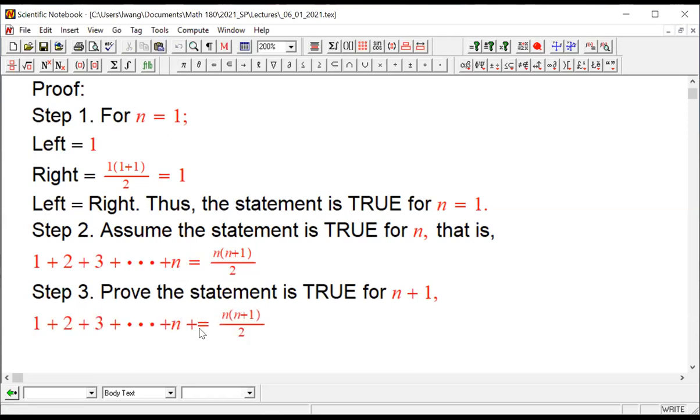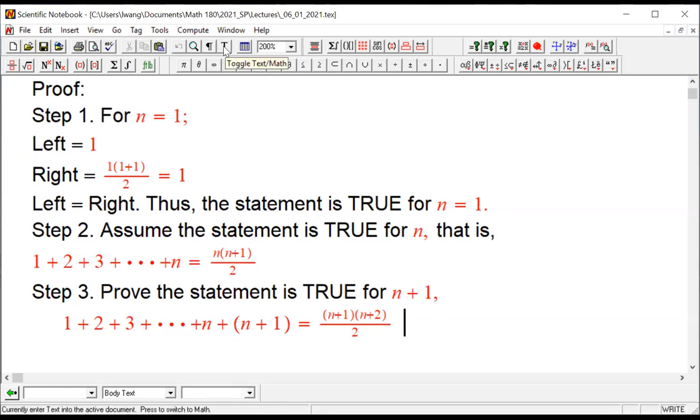So you're actually going to show what is to be proved. That case is like this. It's n plus 1, and this is, of course, n plus 2. This is to be proved.